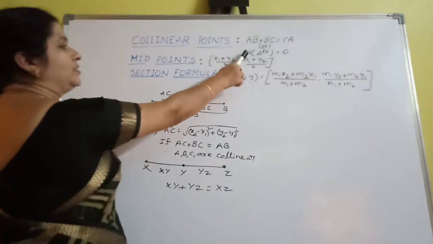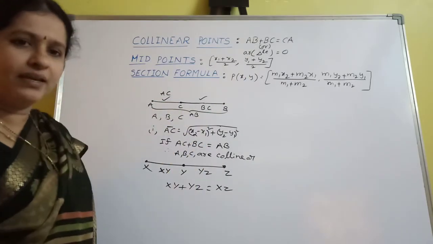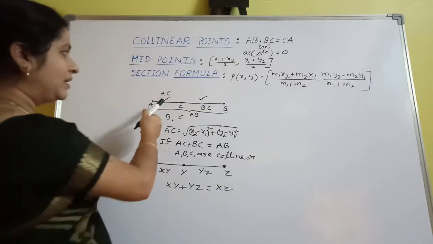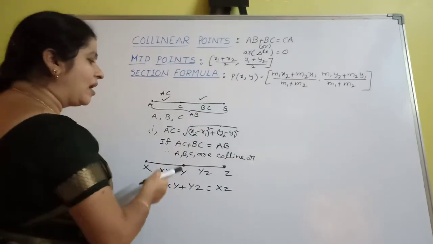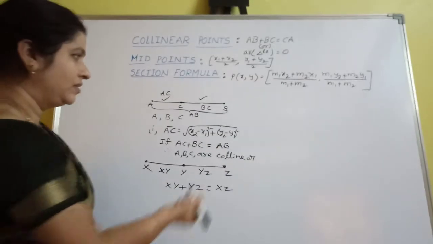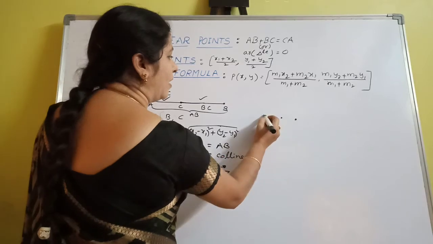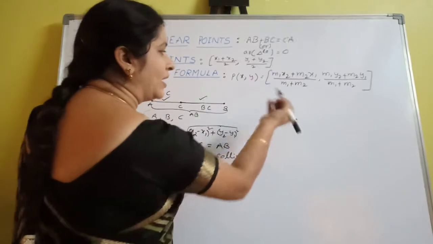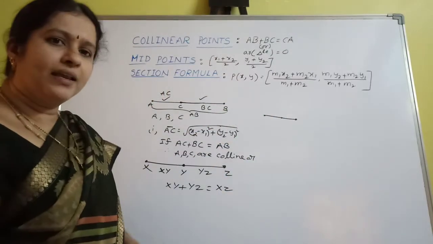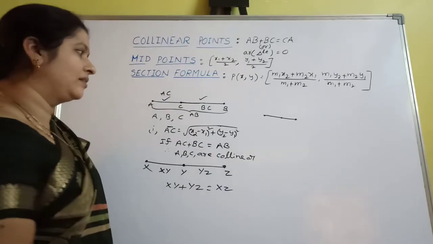There is another condition also. If 3 points lie on a same line, we cannot make a triangle by using these 3 points. Is it clear? If 3 points lie on a same line, we cannot make a triangle by using these 3 points. In a triangle, 3 vertices are there.